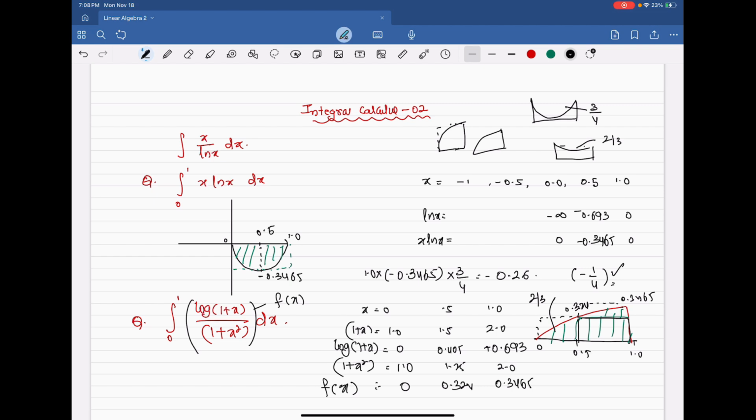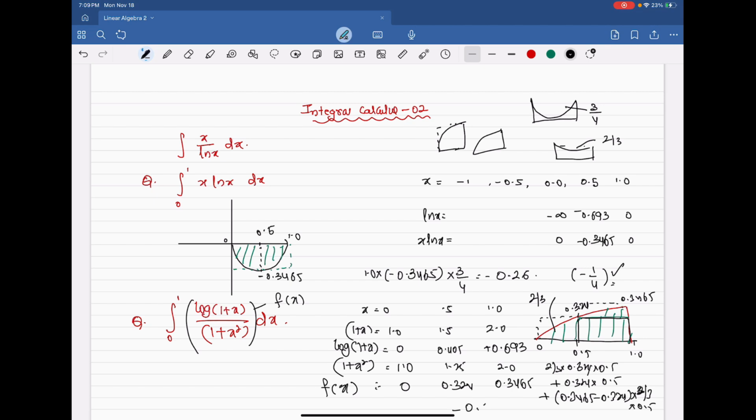Now just see what happens. 2/3 into 0.324 into 0.5, plus 0.324 into 0.5, plus 0.3465 minus 0.324 into 2/3 into 0.5.